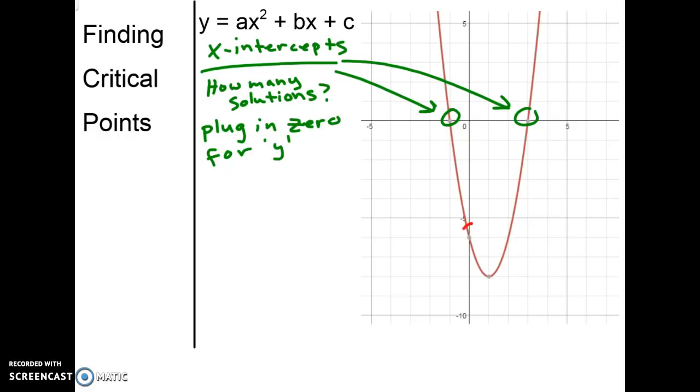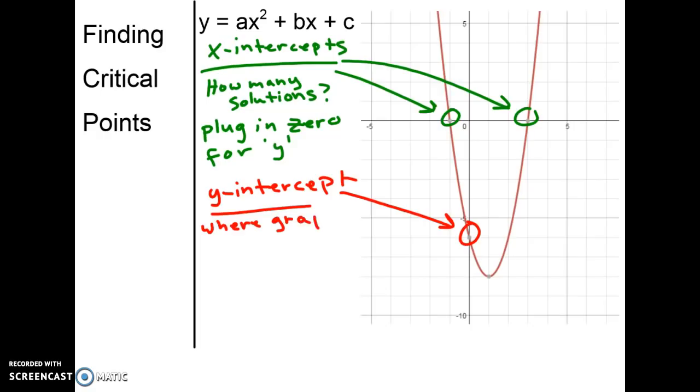Another critical point you're going to want to know is the y-intercept. That's right there, and that is where the graph crosses the y-axis. You don't need it to solve quadratic equations, but you will need it to solve some of the word problems that we do later on in the chapter.